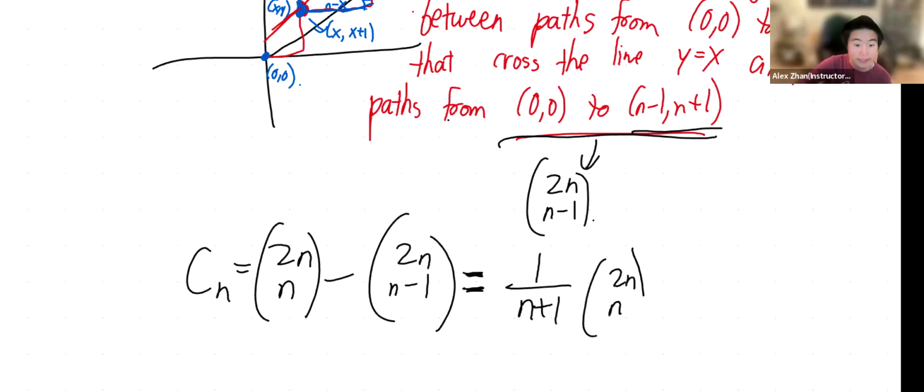So a bijection is basically, sometimes when we try to prove that two quantities are equal, we establish a bijection.